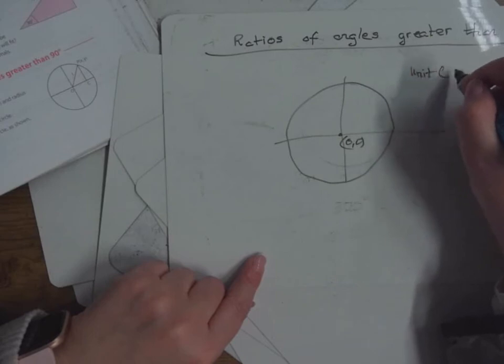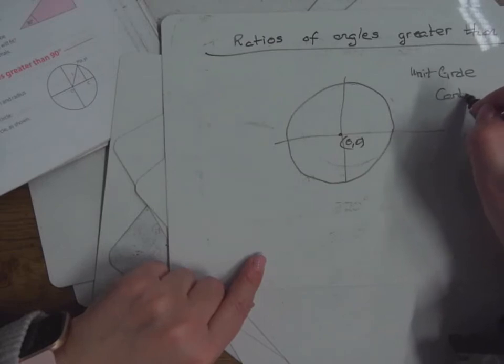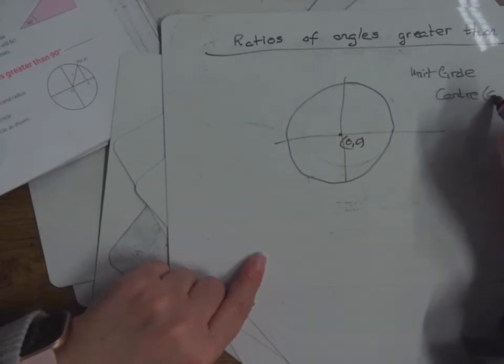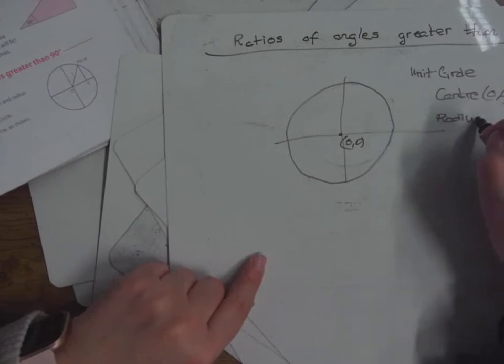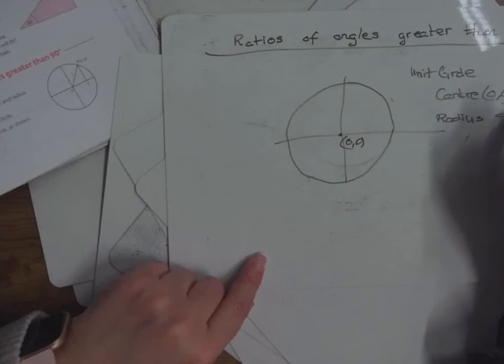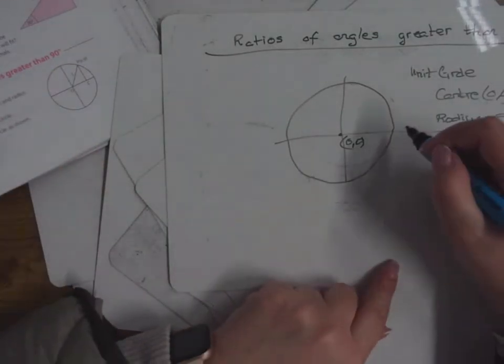The unit circle has centre 0, 0, so the centre is on the origin. And it's got a radius of 1. A unit is 1. So this point here would be 1, 0.